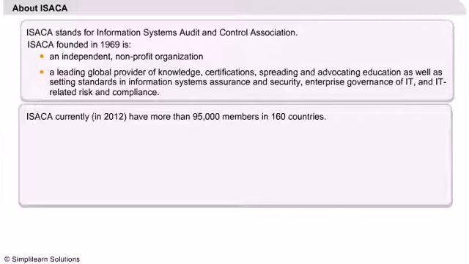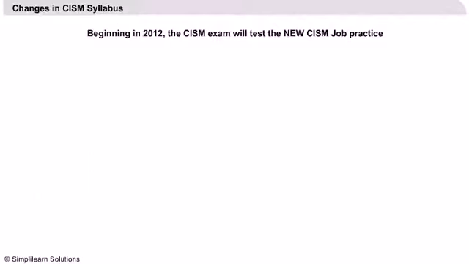In their effort to keep up with changing information security trends and practices, ISACA has updated their syllabus for CISM. Beginning in 2012, the CISM exam will test the new CISM job practice. The previous CISM job practice was spread out with the following domains and had the distribution in brackets.